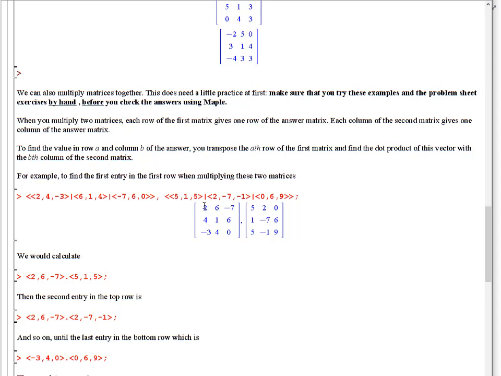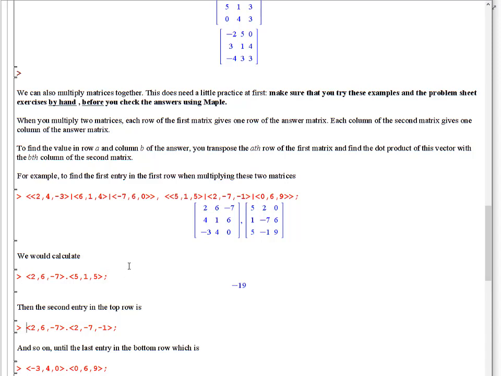You take, as it explains here, the first row, just the top row, 2, 6, minus 7, and the first column, 5, 1, 5, and take the dot product of those as though they were vectors. So it's 2 times 5 is 10, 6 times 1 is 6, so that's 16, and then subtract 35 gives you negative 19.